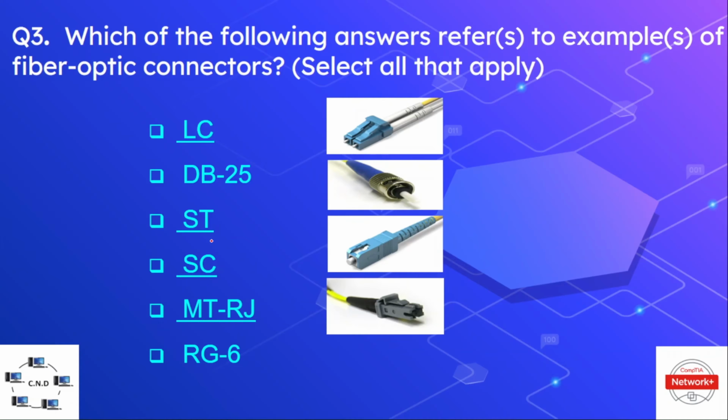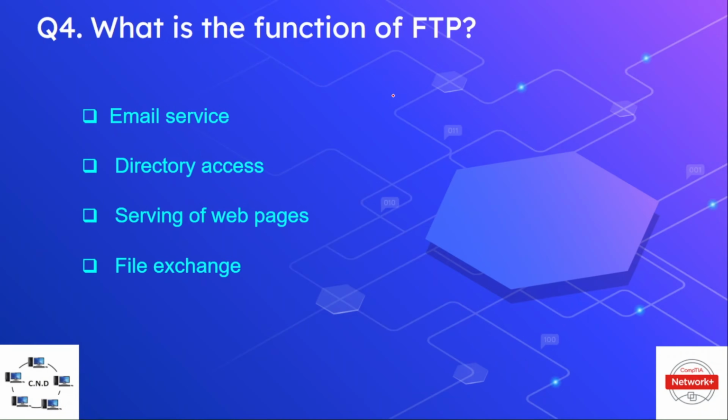ST is just like a square, a square connector, SC. So these two can be remembered as long connector and square connector. And these are the popular connectors that are used.